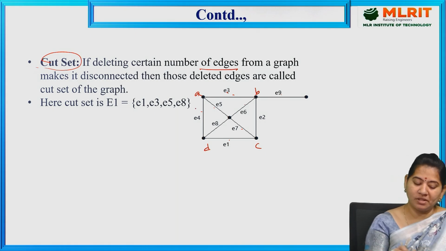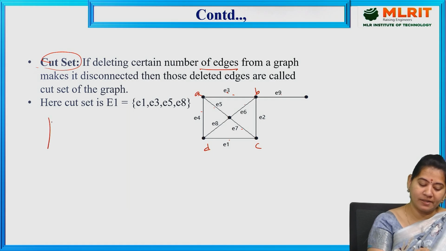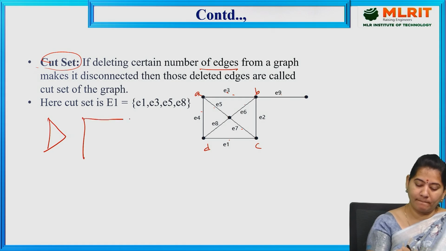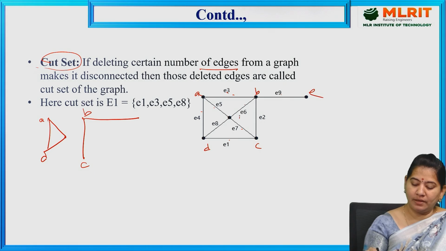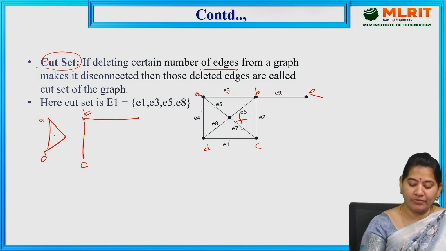Let us see how I am making this graph disconnected. Here this is A, D, C, B, and this is somewhat E, F. Now here, how many edges have I removed?